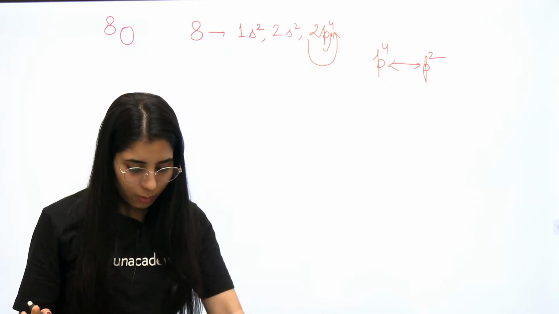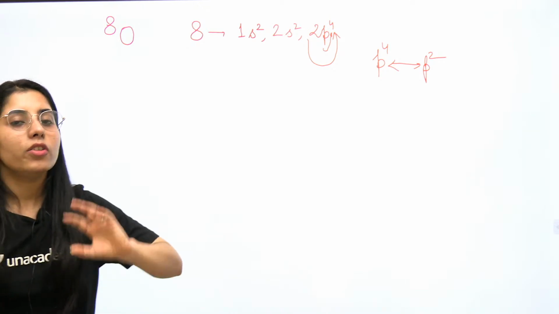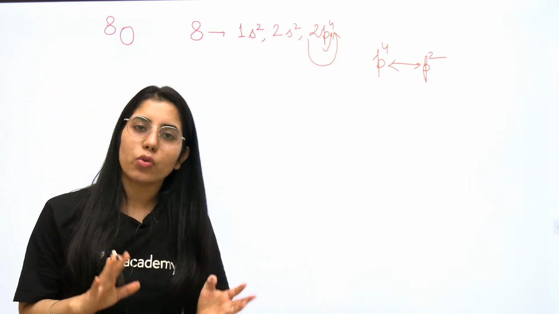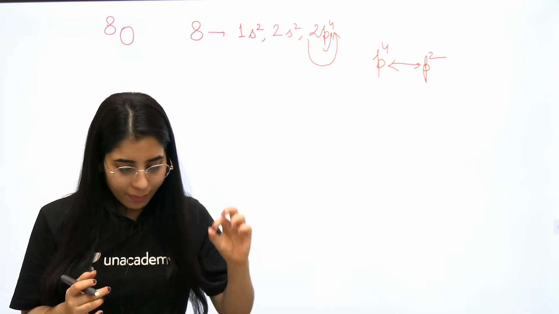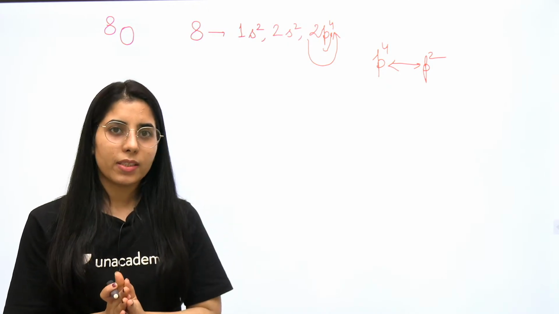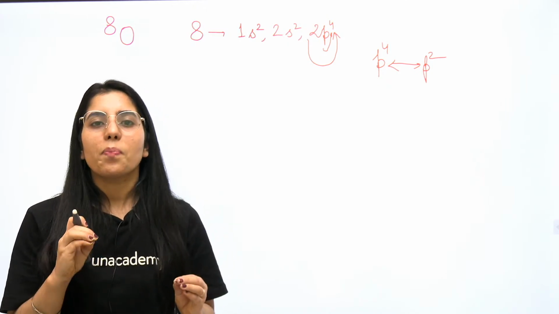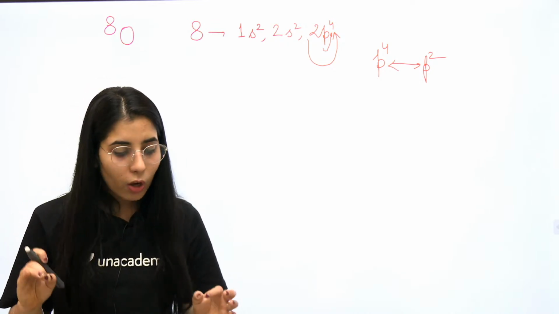Same spectroscopic terms, right? So now you are going to learn a new method to find the spectroscopic terms for the equivalent electron cases, and mainly for the 2 equivalent electron cases, the method is known as Bright's scheme. How does it work?